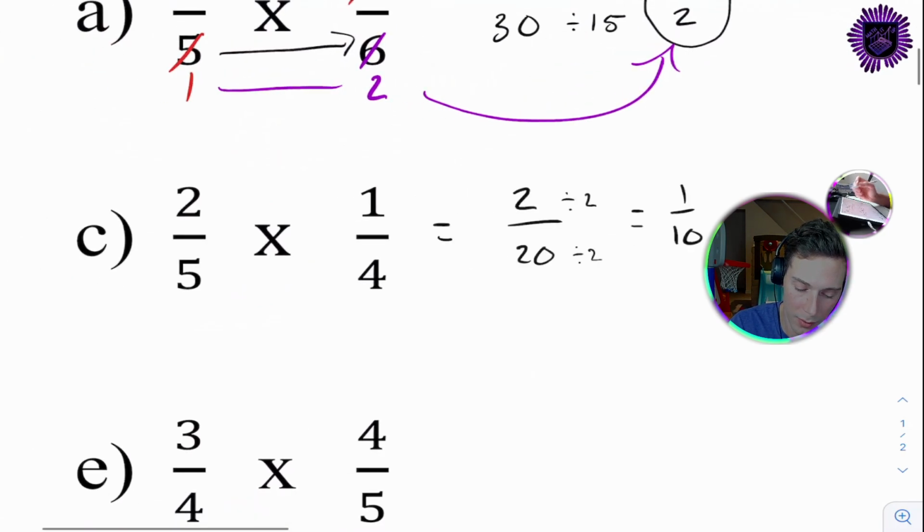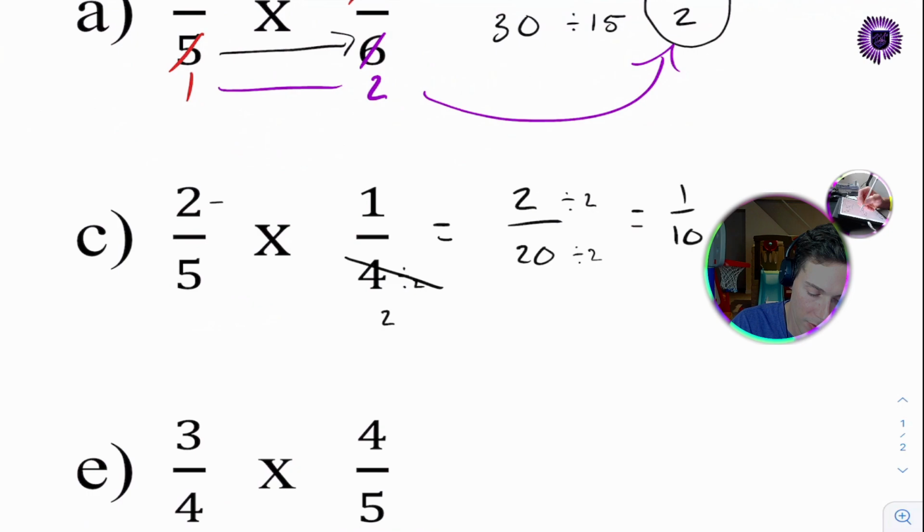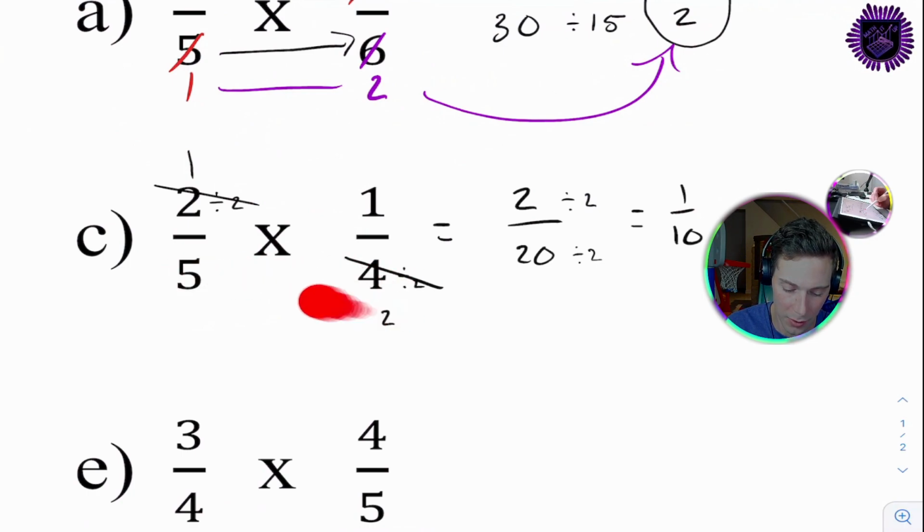We can also divide by 2 earlier. 4 divided by 2 is going to cancel out, become 2. 2 divided by 2 is going to cancel out, become 1. So 1 times 1 becomes 1, 5 times 2 becomes 10, 1/10.